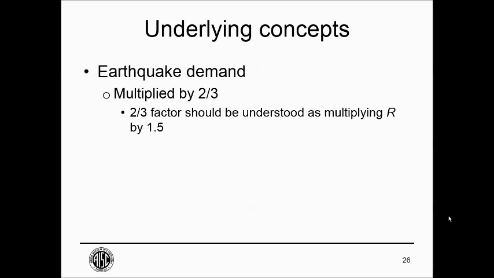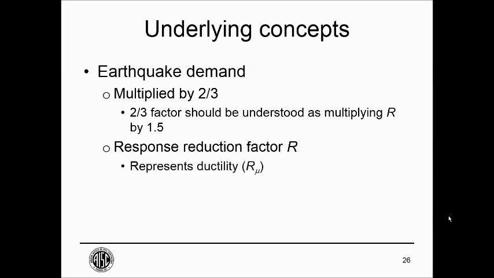Now that R factor, that response reduction factor R, represents two things. One that we discussed rather a lot, and that is the ductility reduction. By allowing some structural damage, we can design for a lower force as long as we have a ductile system that can still go out to the equivalent displacement. Another component of that R factor is the overstrength.